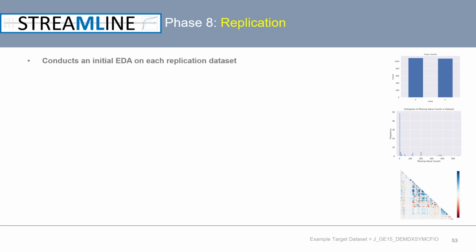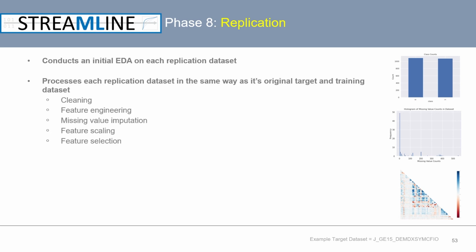The replication phase starts by conducting initial EDA on each replication dataset, much like in phase 1. This phase also processes each replication dataset in the same way as its original corresponding target and training datasets, including cleaning, feature engineering, missing value imputation, feature scaling, and feature selection.